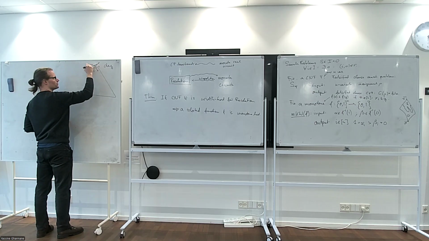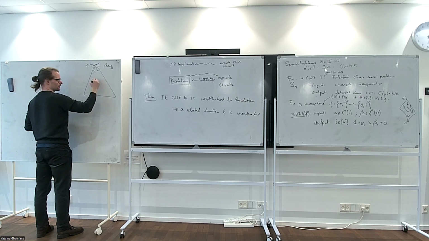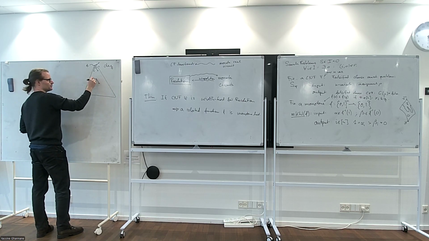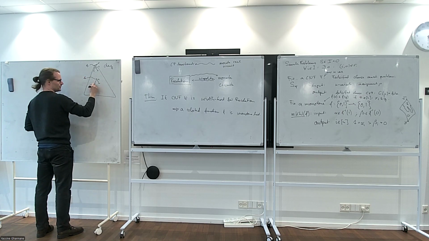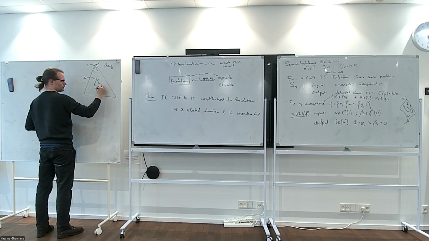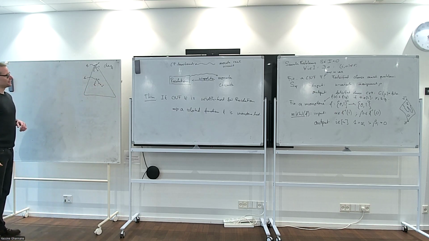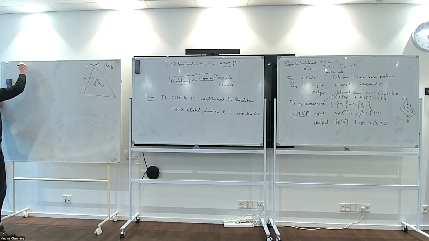Let's call this the root, so this is f_r. If you look at any node u in this DAG, it has out-degree 2, and this vertex u will be associated with some function f_u, and we have children v and v prime.